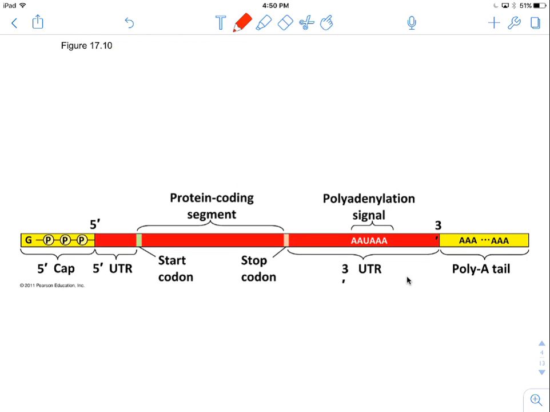Okay, so let's look at this. So the cap is actually a guanine triphosphate. Okay, and that gets put on the 5' end. And there's a series right here. UTR stands for untranslated region. Okay, and that means it's not translated.